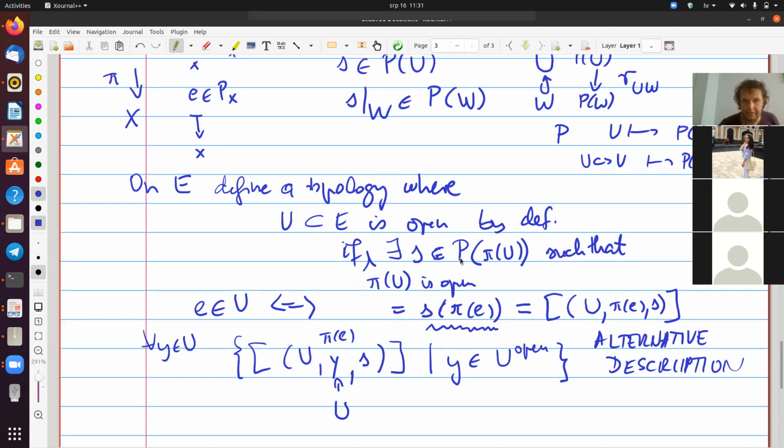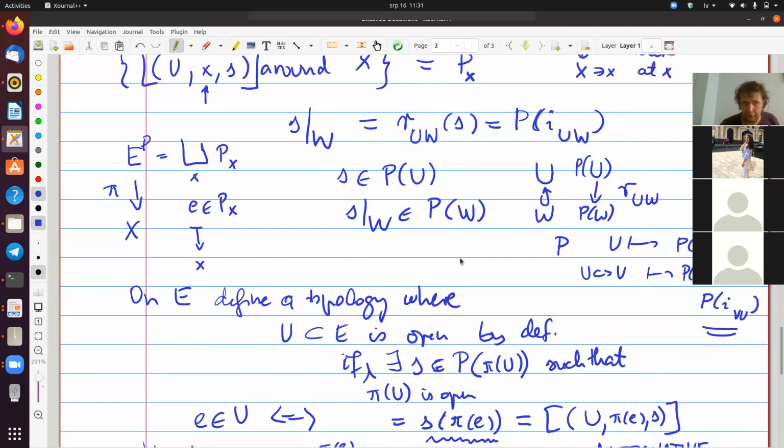Before, my section was an abstract element of pi of U, but now this section is simply, if I have this U, then by section I get into E in such a way that to every point X in U, I take the germ of S at X, so U X S. So take its germ there, and that's the function.